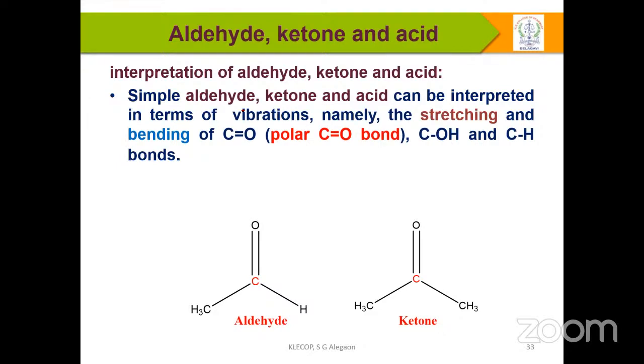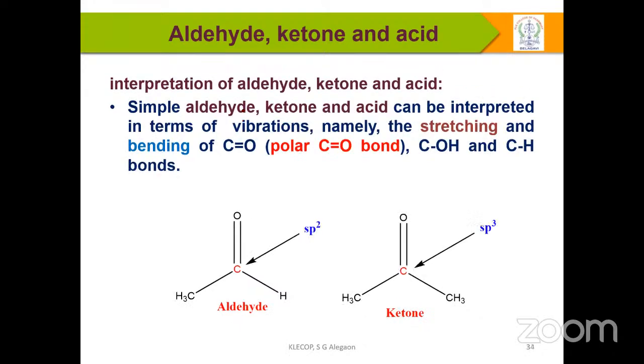If you see the structure of aldehydes and ketones, one has sp2 character and the other has sp3 character. In the aldehyde, the carbonyl carbon is directly linked with the acidic hydrogen, whereas in the ketone, the carbon is directly linked with another less polar carbon.